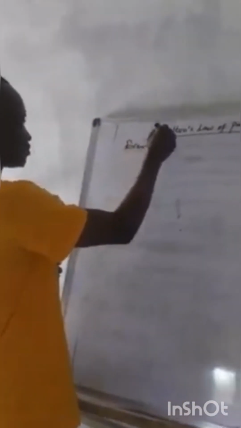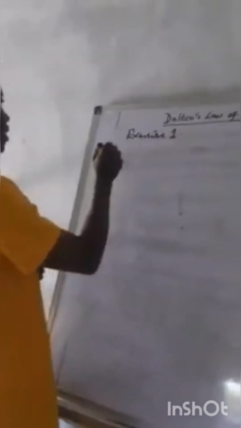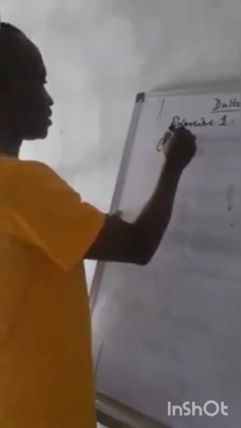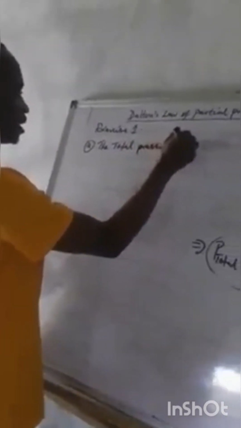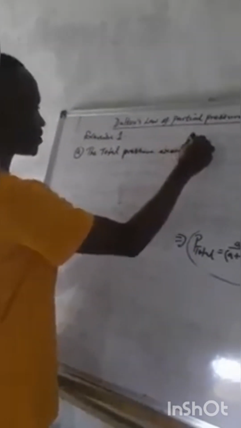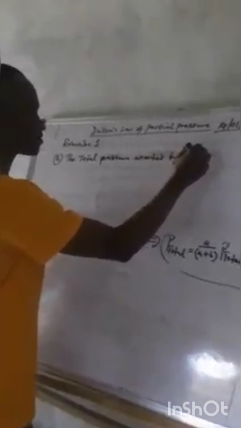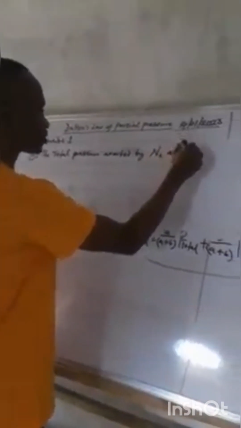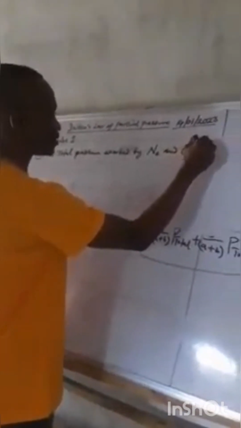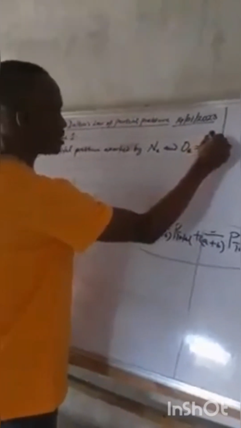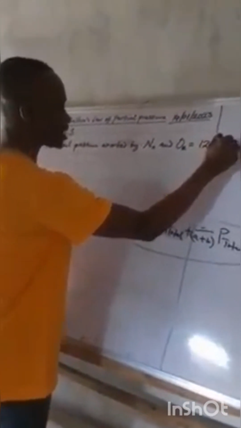Exercise 1. It says the total pressure exerted by nitrogen gas and oxygen gas is 12 millimeters of mercury.